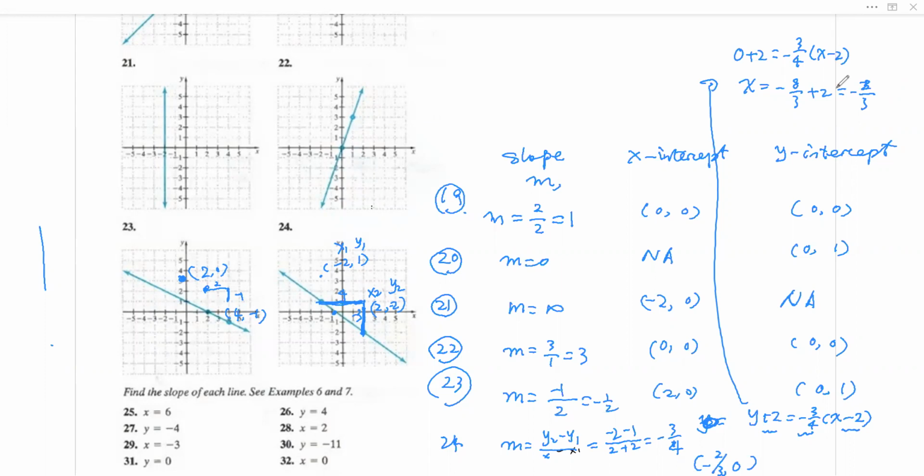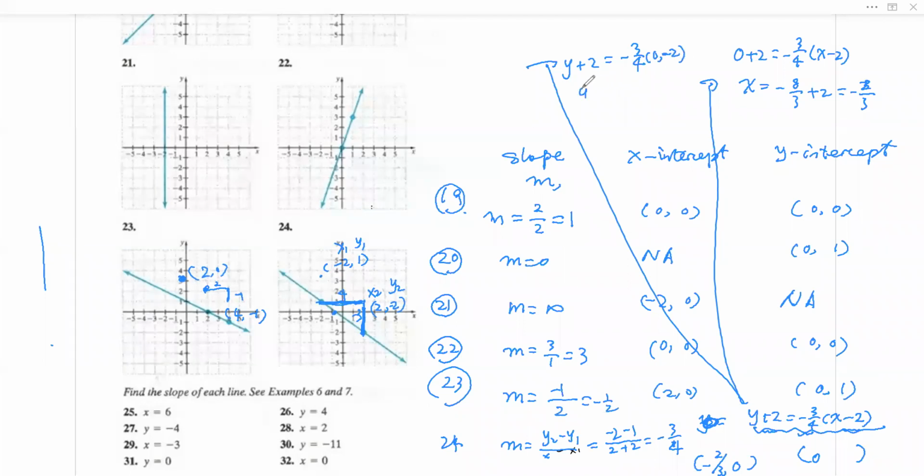All right. So what's the y-intercept? Y-intercept is when x equals 0. So you can see this equation when x equals 0. Let's use space here. So y plus 2 equals -3/4, x replaced by 0, right? So y equals the right part, positive 2/3 minus 2.